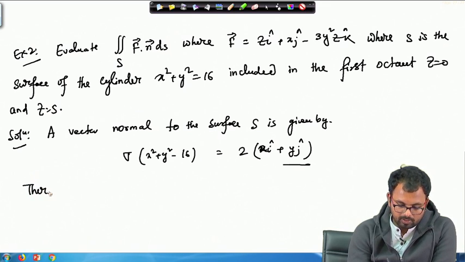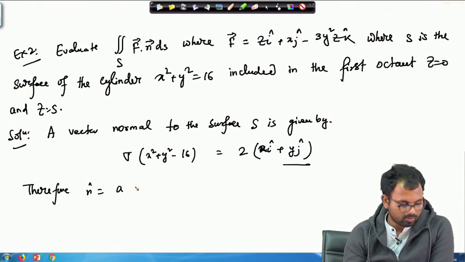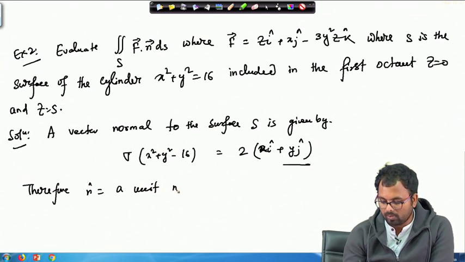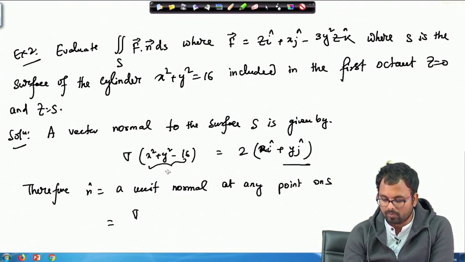Therefore the unit normal n cap at any point on S will be given by, let us say this one was our phi, grad phi divided by mod of grad phi.